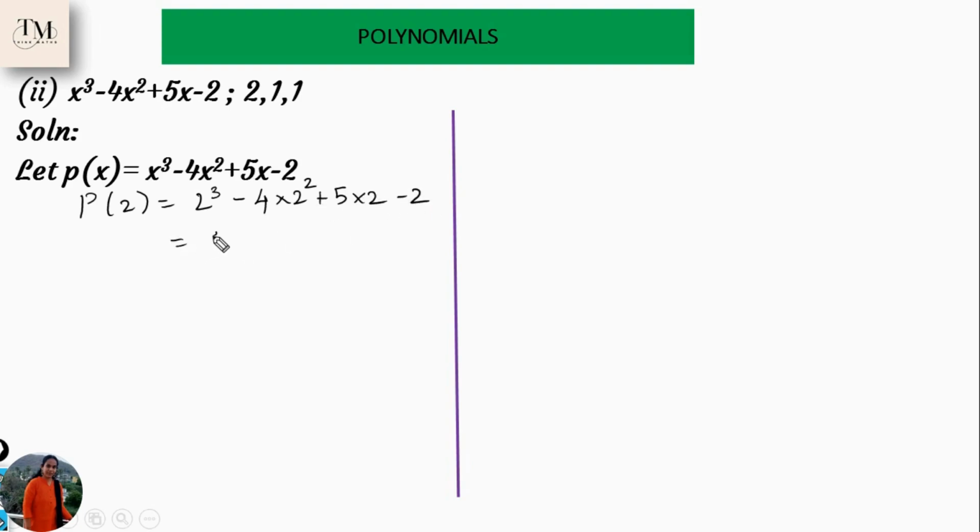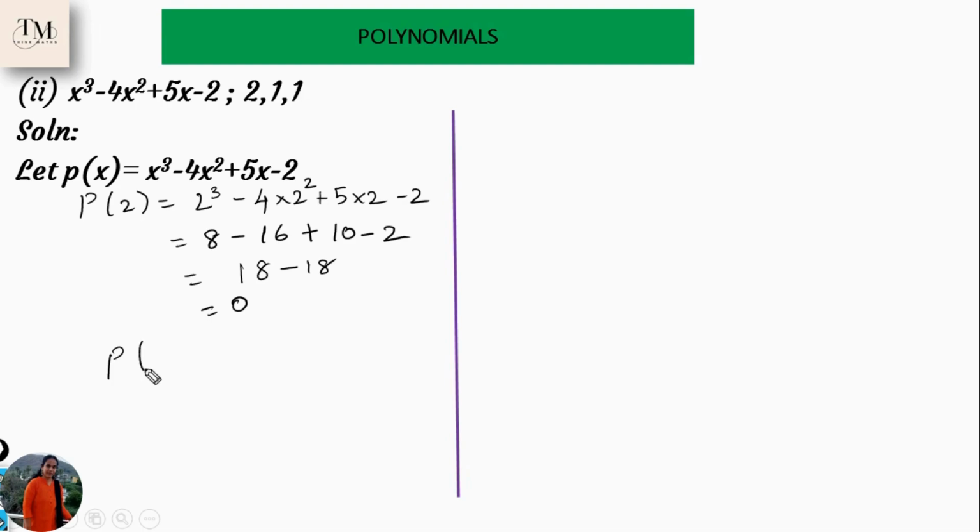Which is equal to 8 minus 4 into 4, which is 16, plus 5 into 2, 10, minus 2. So let me add all the positive values: 10 plus 8 is 18, minus 16 plus 2 is 18. So which is equal to 0.